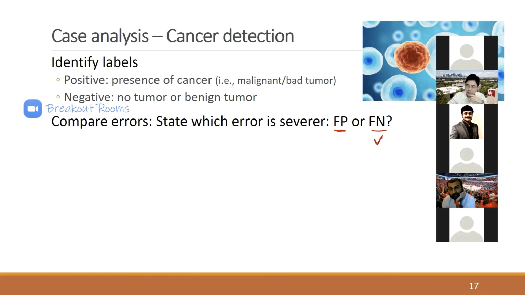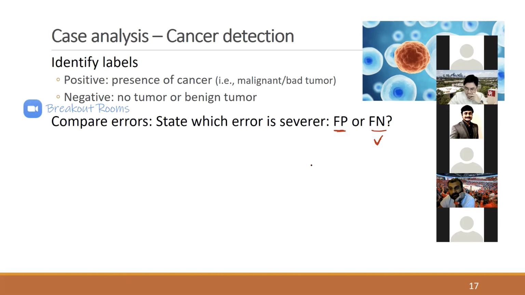Why? You describe the consequence of false negative, which means, what happens after a false negative, and what should have happened. Was untreated, and health may prove fatal.